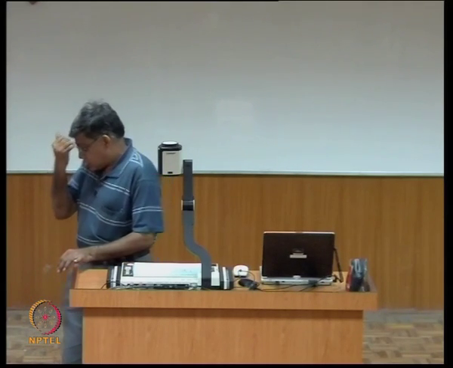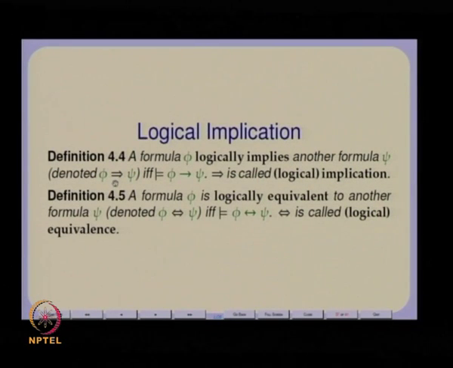So these single arrows within the language, we talk of these for a given truth assignment: it may or may not be true for a given truth assignment, but the double arrow is a tautology, for all truth assignments. You're talking of this logical implication? But the single arrow within the language is the conditional, the less than or equal to operator, which essentially says the truth of phi is less than or equal to the truth of psi.